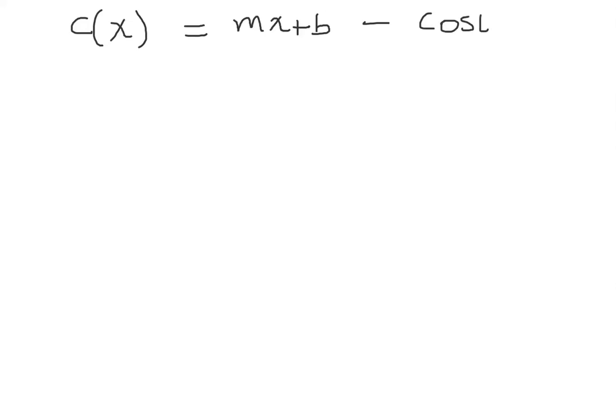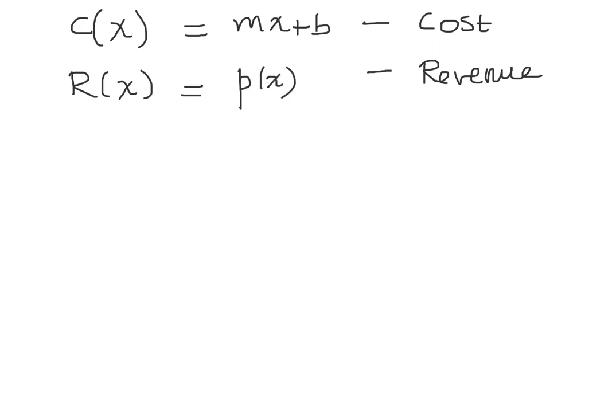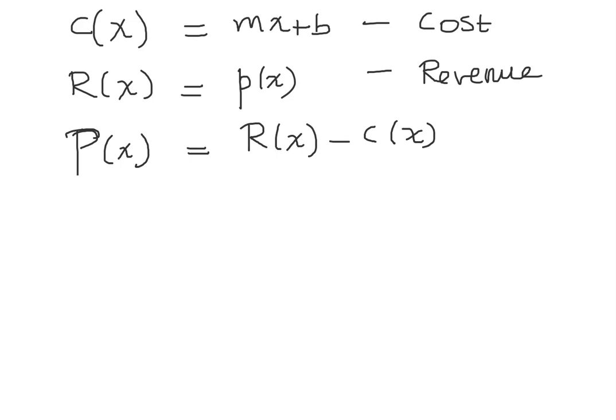The next one is the revenue function, which is denoted by the letter R. R of x is going to be p times x, where p is the price. And the last one is the profit function. Everything is given in the handout. It's going to be the revenue minus cost. So we are going to use this formula to answer problem number 6.